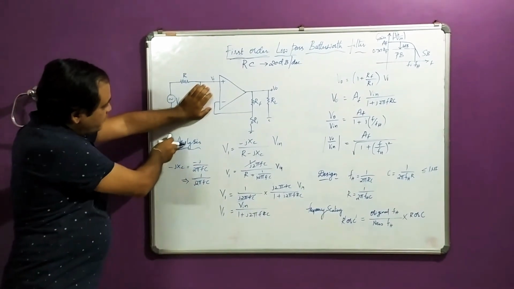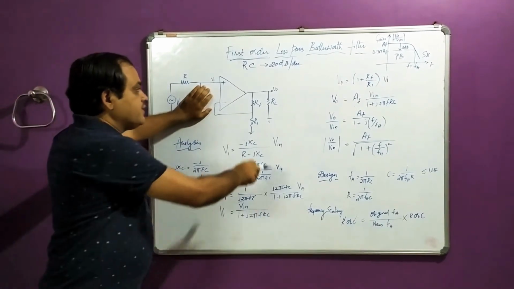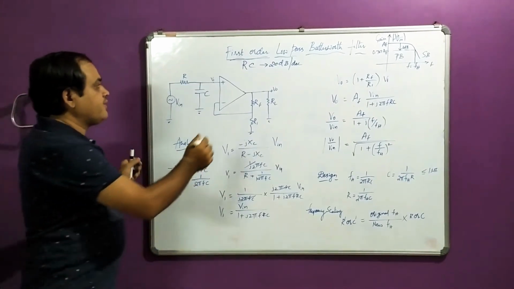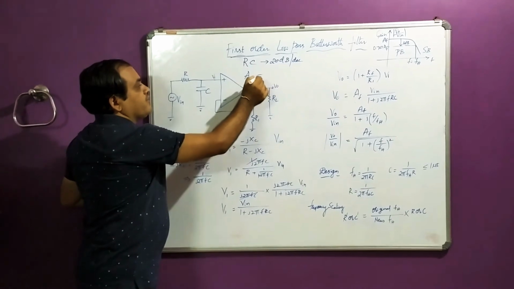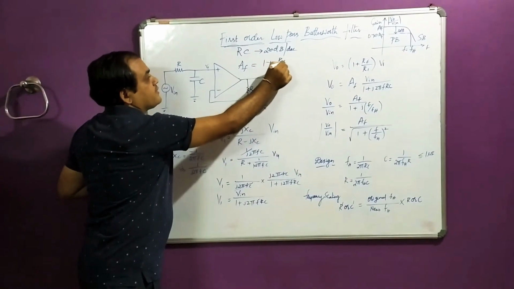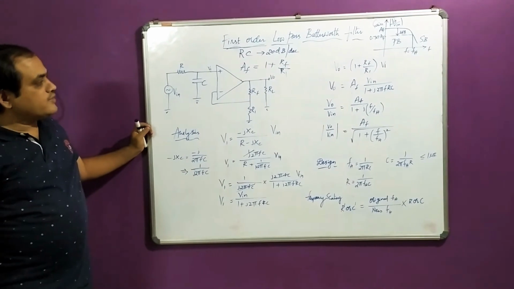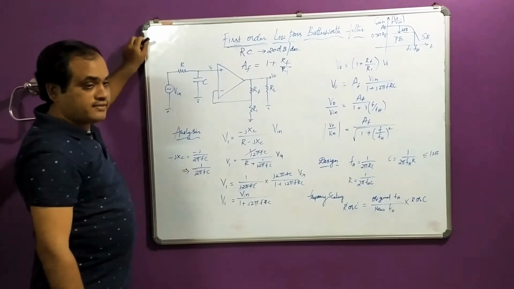Since the input is applied to the non-inverting terminal, it is a non-inverting amplifier configuration. You should remember the gain of a non-inverting amplifier is 1 plus feedback resistance by input resistance. This is the data we have with us.